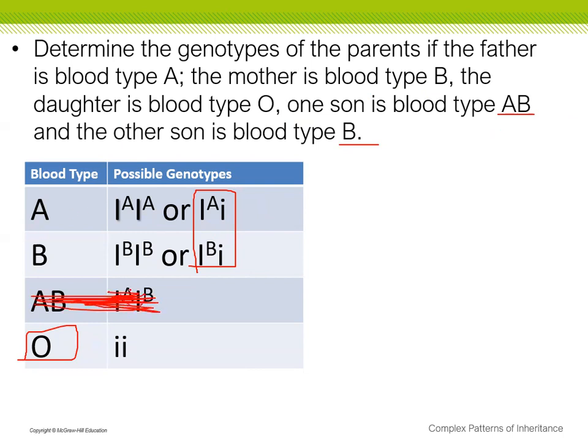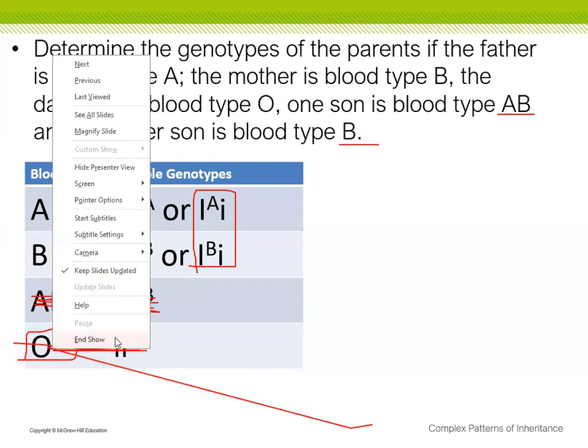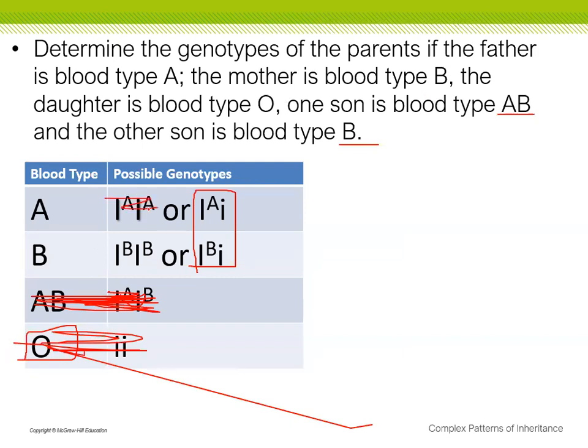And then we know that they have kids with A and B, which means it cannot be this either. So just by deduction, we can get this as their genotypes. We don't know which one's which, but we don't need to know which one's which.